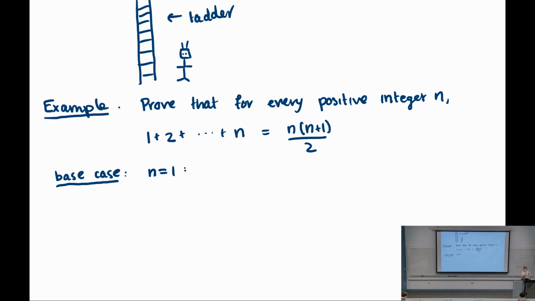So we add up all the numbers up to 1. So on one side, that'll just be the 1. And then we plug in 1 times 1 plus 1 over 2. And this equation is true. So that is the base case. So 1 satisfies this property. So we're good. Okay, then the inductive step.